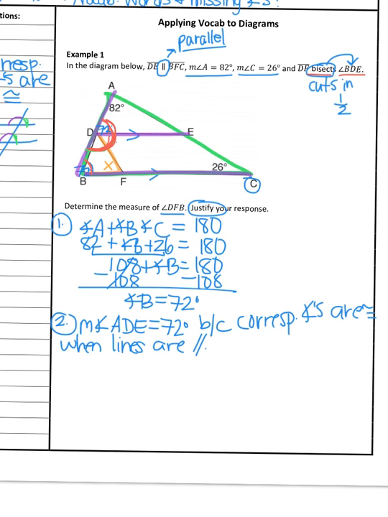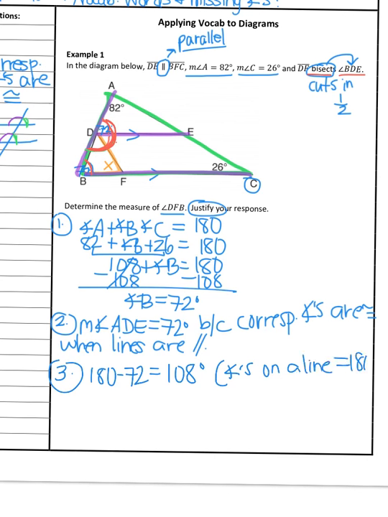So I'm going to start with step 3. If I know that the top angle out of the three of them is 72, then I'm going to do 180 minus 72, which is equal to 108 degrees. And I know this because angles on a line equal 180 degrees.